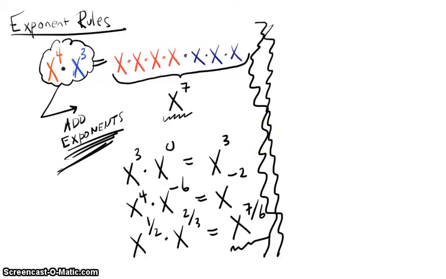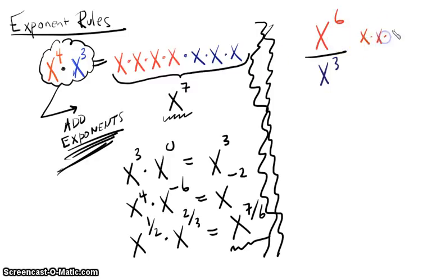If I gave you something like x to the 6th divided by x to the 3rd. Now, you'll be tempted to divide 6 by 3, but really we want to think of it the same way we did this. And we want to think of it two ways.